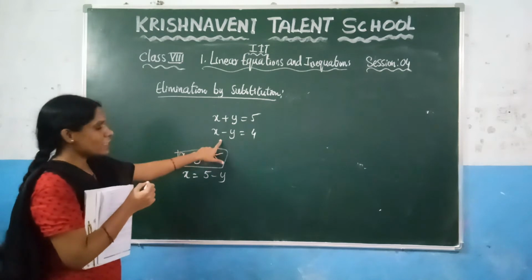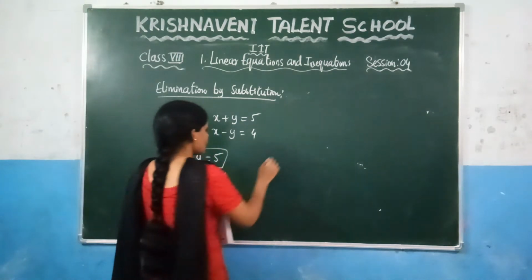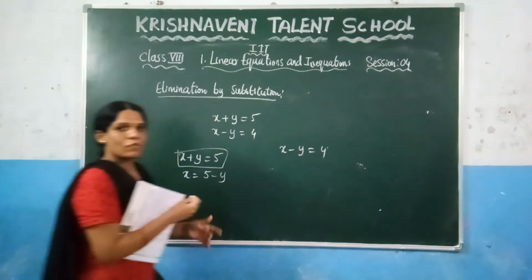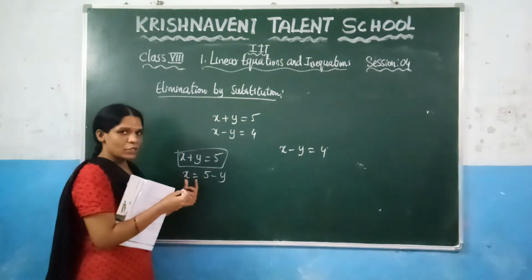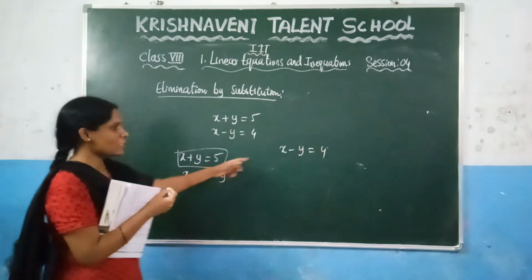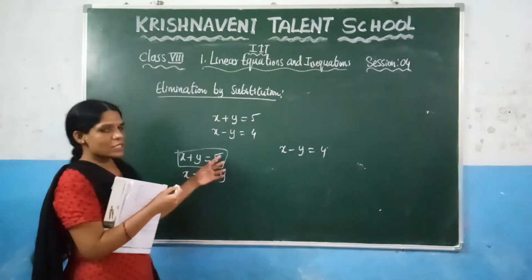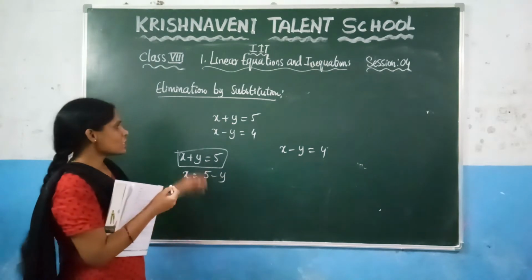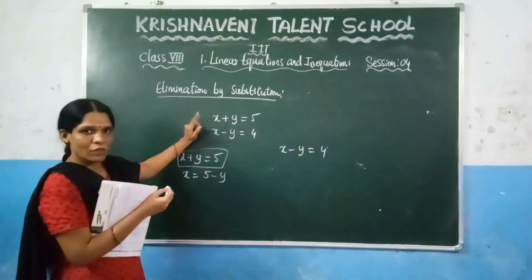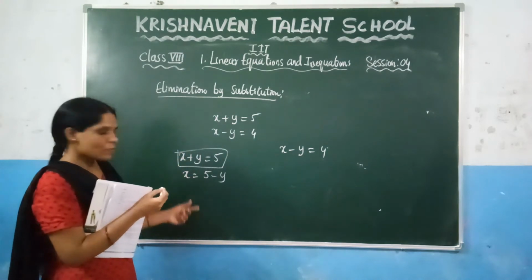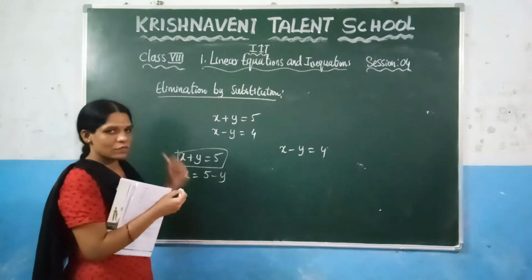Now you need to take the other equation. What is the other equation here? It is x minus y is equal to 4. Here we got the value of x, and now we substitute this value of x in this equation, which is nothing but the substitution method. So what is meant by the substitution method? You take any one of the equations, find the value of x, and put that value of x in the other equation.